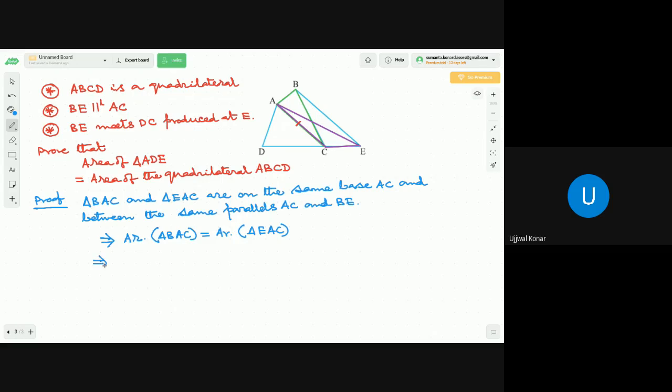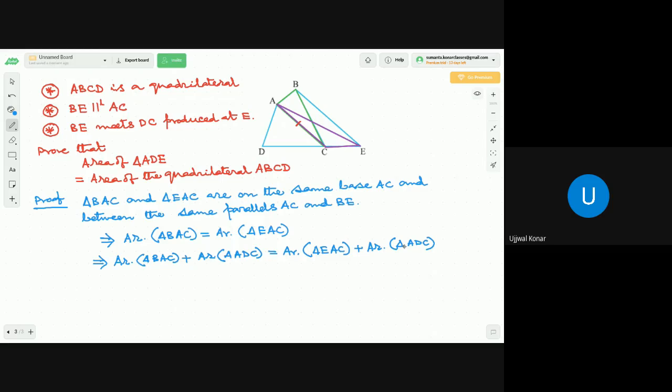That implies area of the triangle BAC plus area of the triangle ADC is equal to area of the triangle EAC plus area of the triangle ADC.